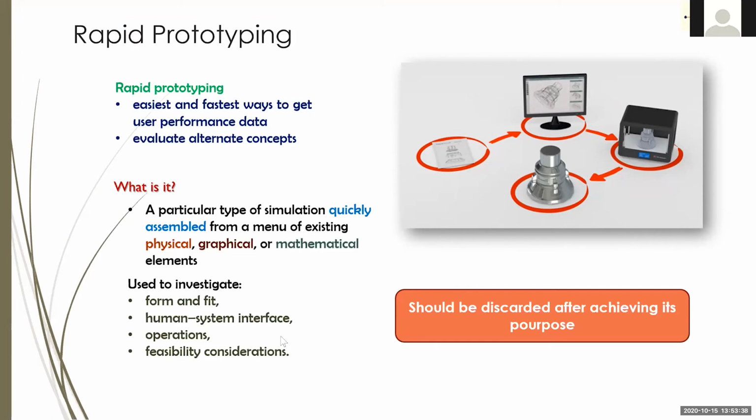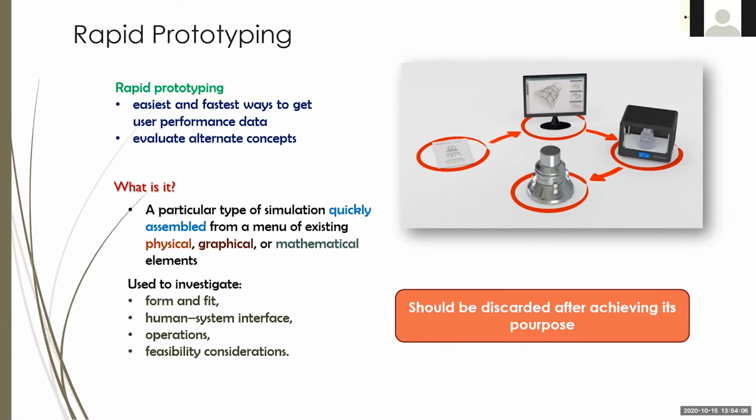Okay. Now, one important thing is that when you do these rapid prototypings, you want to be done as soon as you can. So we are not really putting too much effort into documenting and following all the processes. You just want to make a representation of whatever you want to prove as fast as you can.